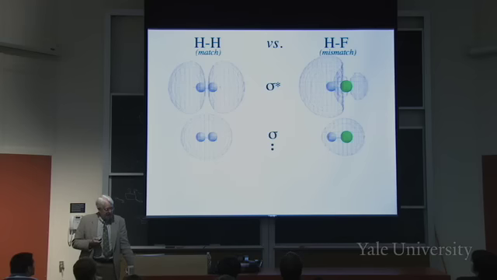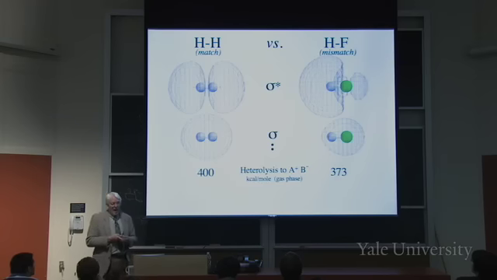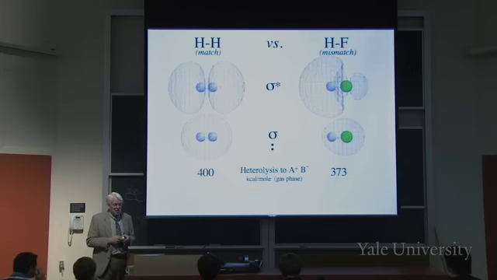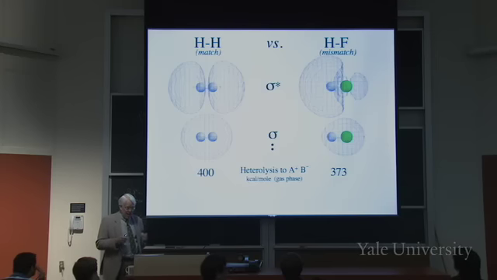Now, how about the experiment? Heterolysis, where you break in order to get H plus H minus in one case, or H plus F minus in the other case. In the case of HH, it costs 400 kilocalories to break the bond. In the case of HF, it costs only 373. Incidentally, this is a lot of energy to break this bond because you're putting both the electrons in the same place.